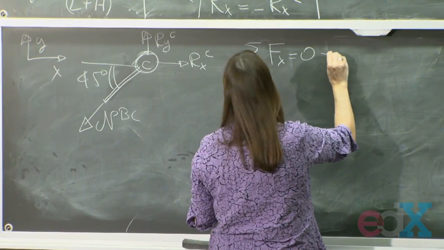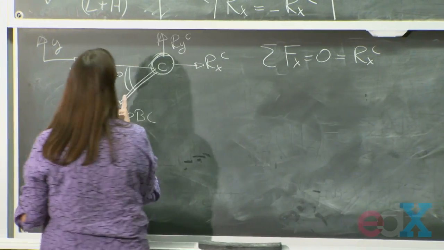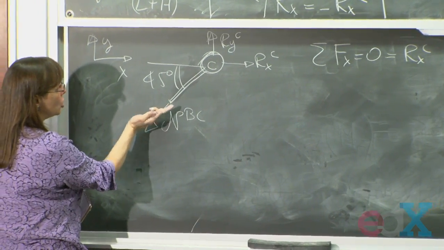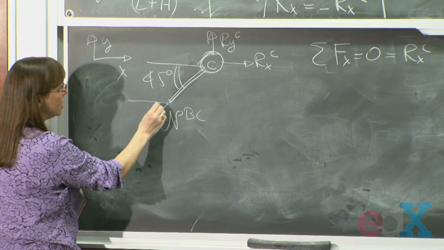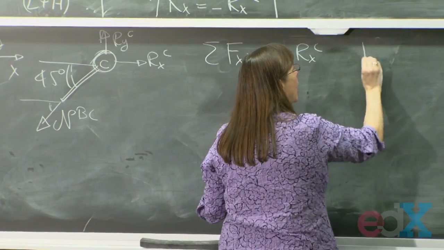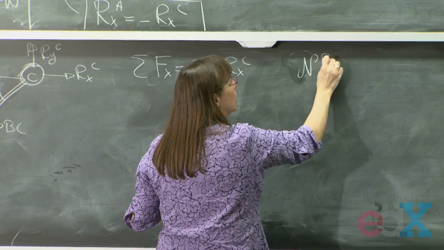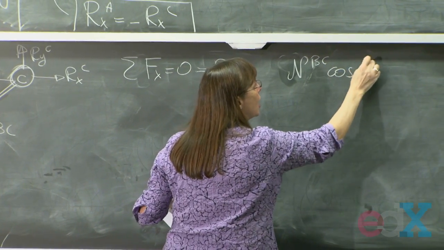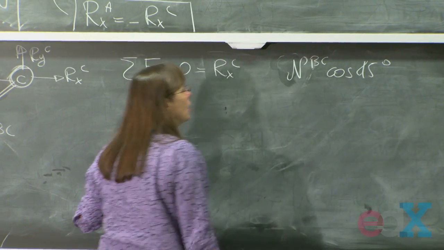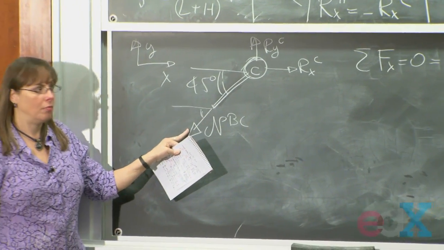Sum of x is equal to 0, that's Rxc. And then when I sum in the x direction, I need to take NBC times the cosine of this angle. So I have NBC cosine of 45 degrees. And it's plus or minus when I sum it in the x, minus.